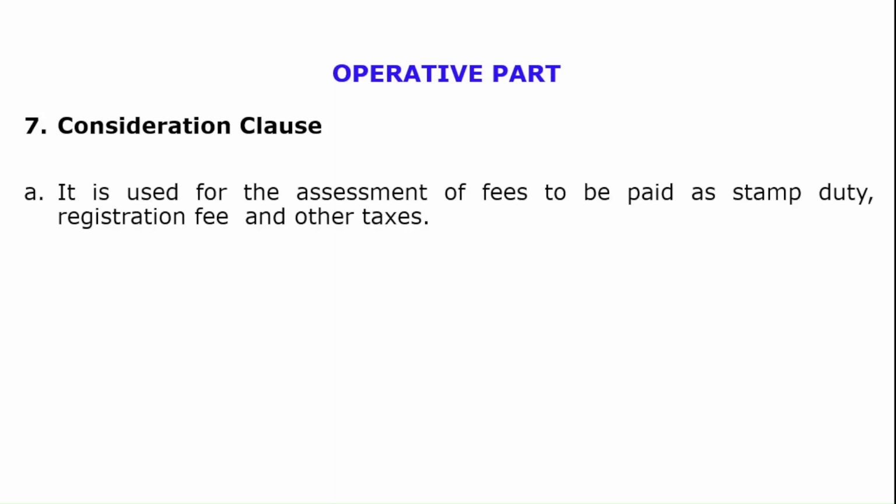Now, what then is the function of the consideration clause in a deed of assignment? Number one, it is used for the assessment of fees to be paid as stamp duty, registration fee, and other taxes. Under perfection, that is the post-completion stage, where you have the governor's consent, stamping of the deed of assignment and registration, there are fees the law requires to be paid.